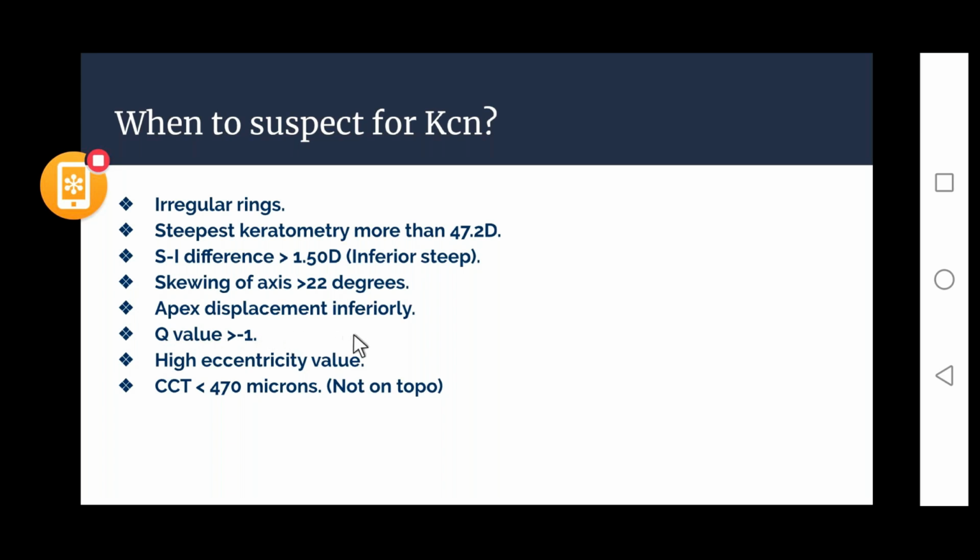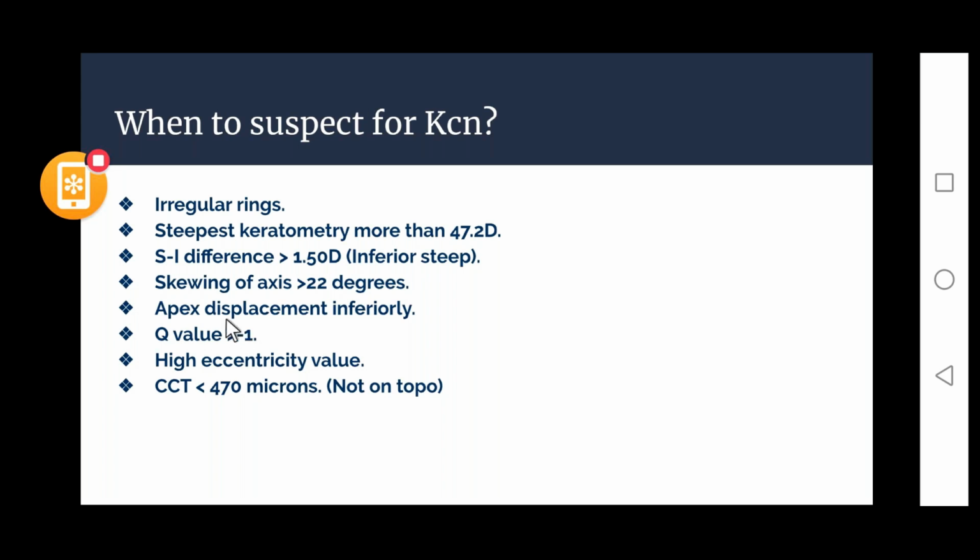Apex displacement inferiorly. As I told you, what is apex? Apex is the steepest part, which is signified by the triangle. So if you see too much inferior displacement of the apex, then you start suspecting. And one more thing is Q value of more than -1.